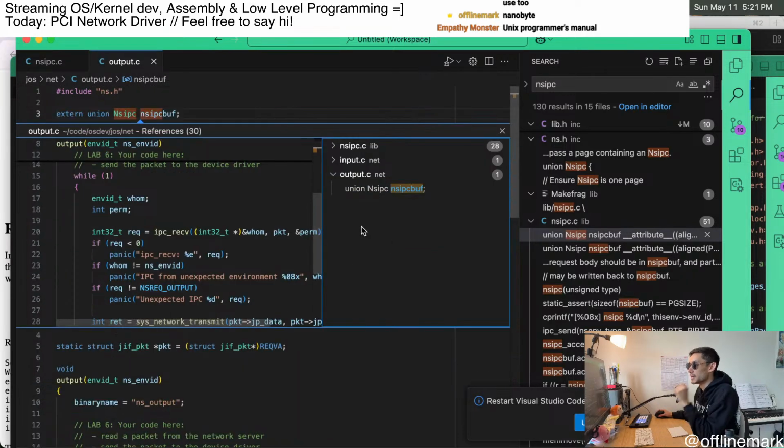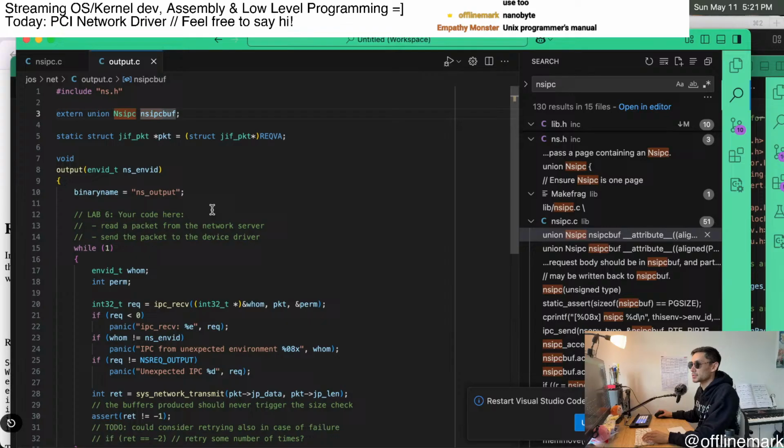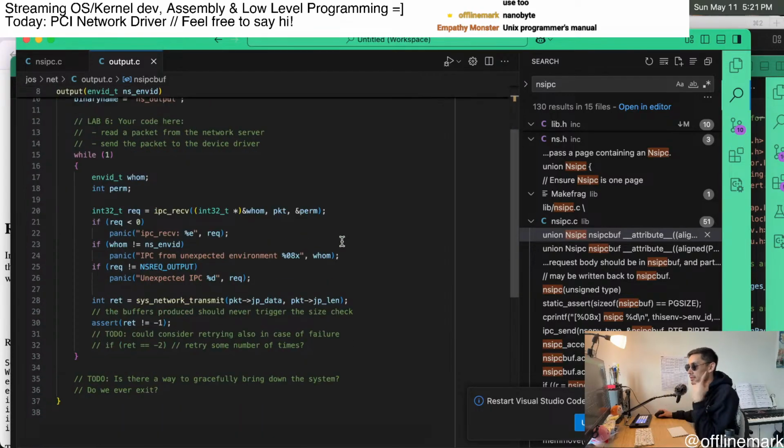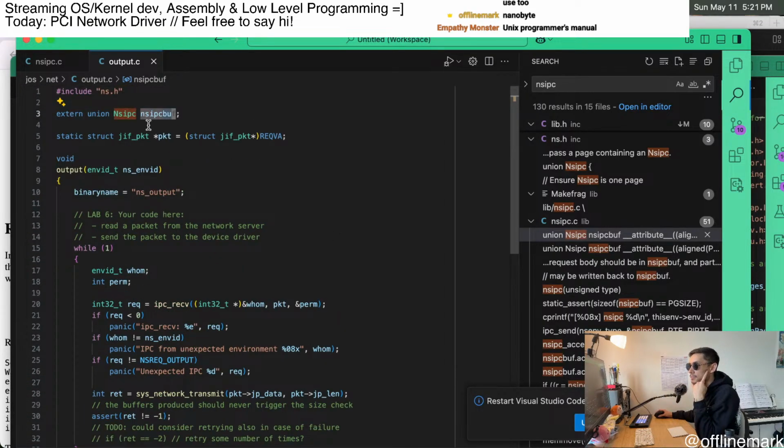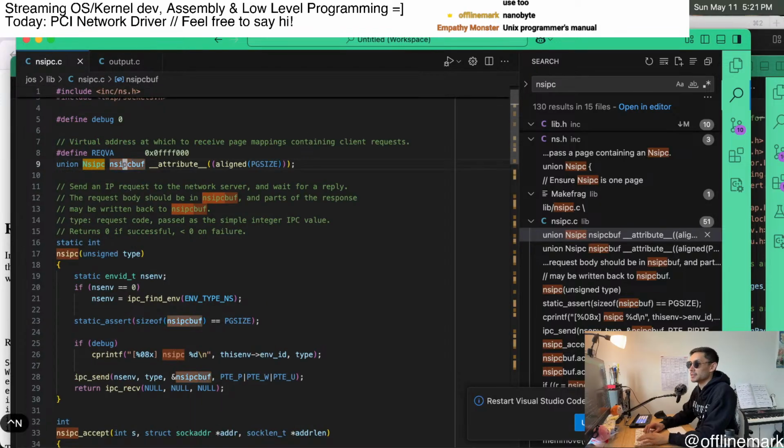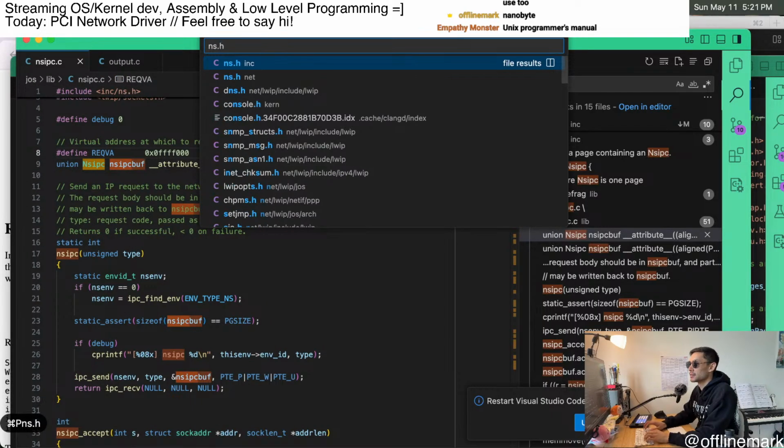For example, in the output, here's how the output server works. They declared this union. But actually I never used it, but maybe that's a hint that I should have used it. I think that's actually a key hint.